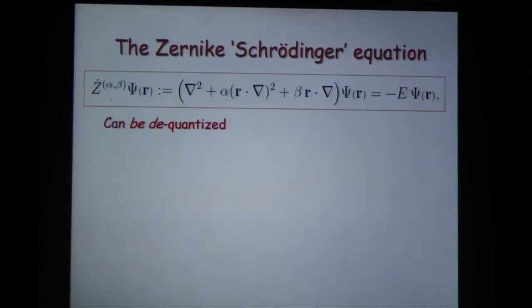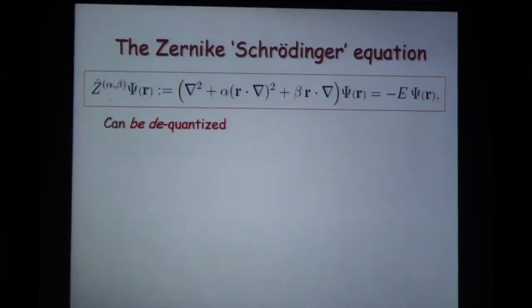Now, Zernike had these two parameters, alpha and beta, and then he said, we want this to be self-adjoint under the inner product over the disk. And then he found it can only be self-adjoint if alpha is -1 and beta is -2.